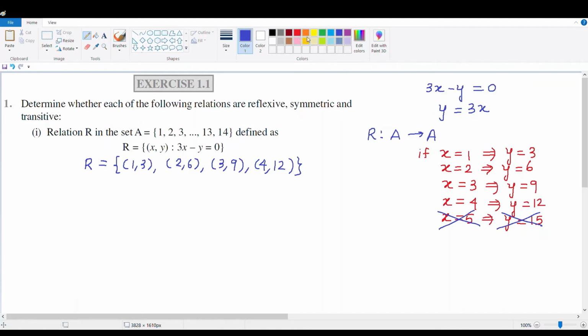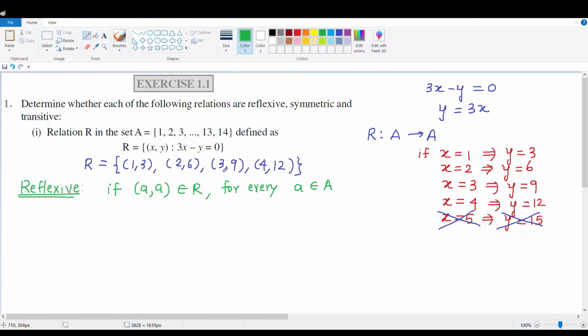Now let's start with reflexive. What is the definition of a reflexive relation? It is going to be reflexive if (a, a) belongs to R for every a belongs to A. So look here, if we take a equals 1, then (1, 1) must be in relation R. We don't have that.